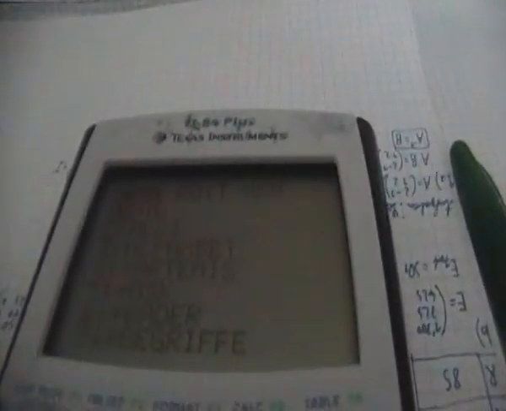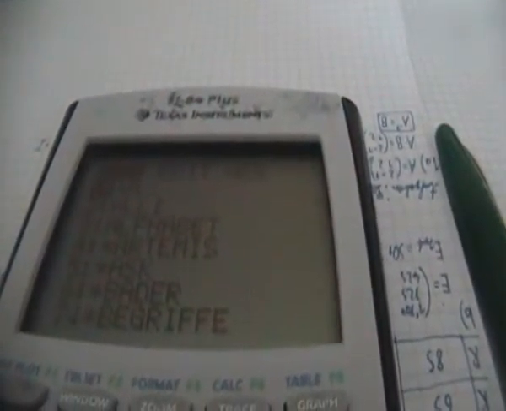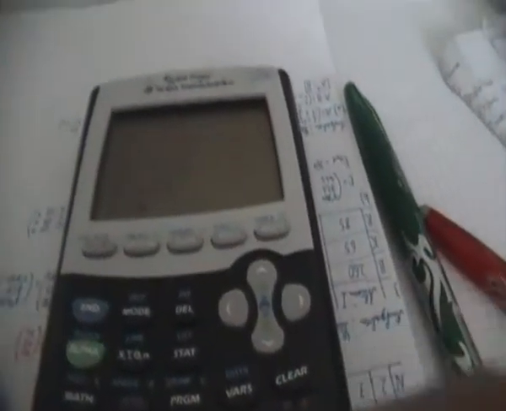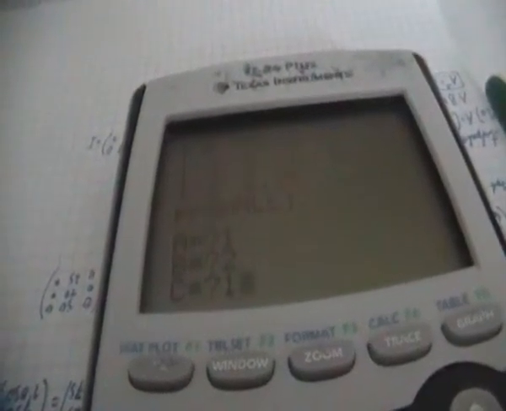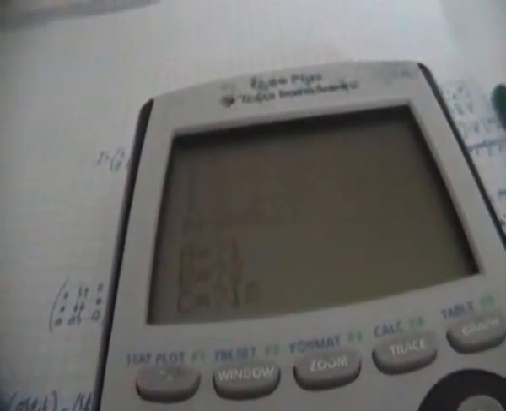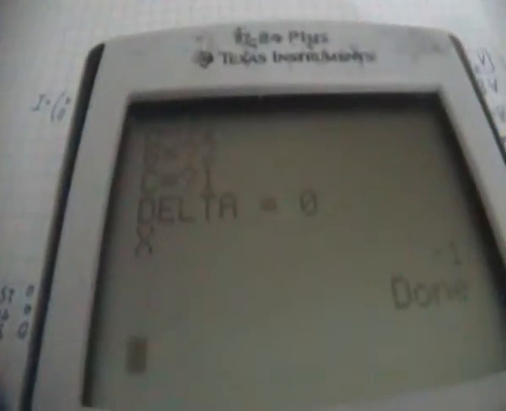I hope this has helped you, and if you want, next time I can show you how to write a program and how I made the discriminant program. Because if you have a question like ax squared plus bx plus c equals 0, then this program is very useful.